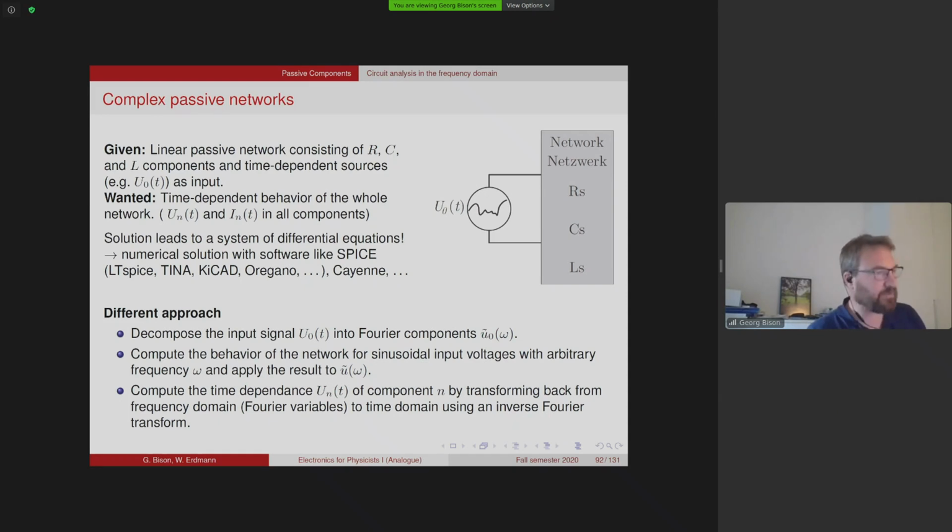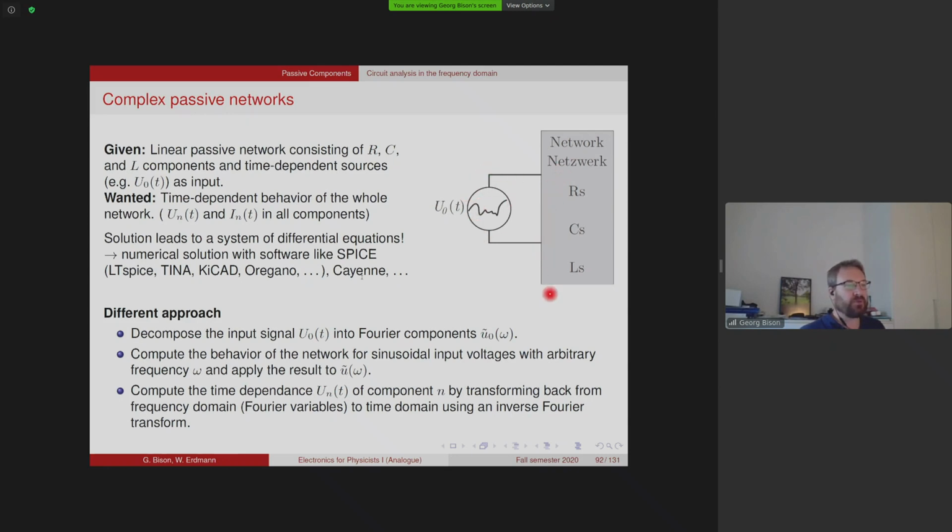Okay, now that we've introduced the ratio of amplitudes and powers, we can take one more important step, and that step is circuit analysis for complex networks. Typically what you would do is that you have a time-dependent voltage. This is your source.